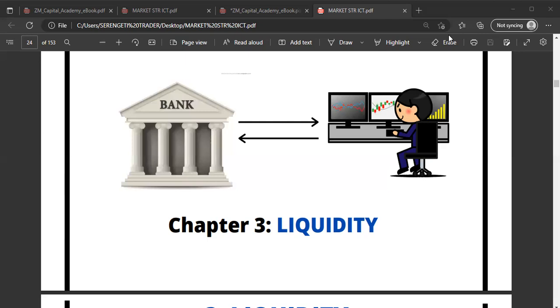They try to push the price upward or downward, and induce the traders to enter the trade early before it goes in the right direction.